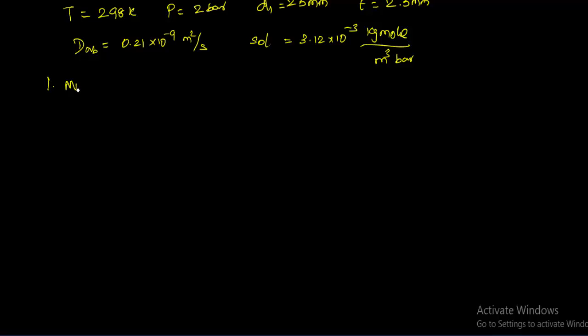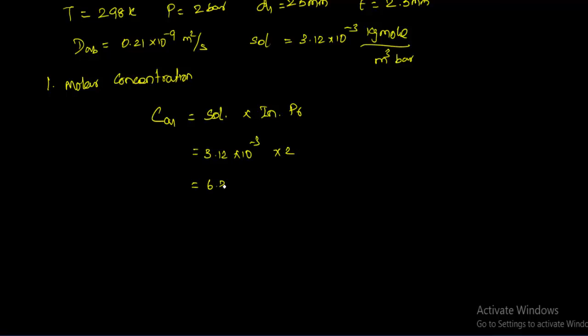First one, molar concentration: C_A1 is equal to solubility into inner pressure. So this value will be 3.12 into 10 to the power minus 3 into the inner pressure, which is 2.